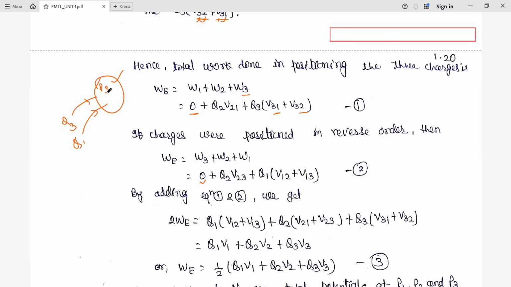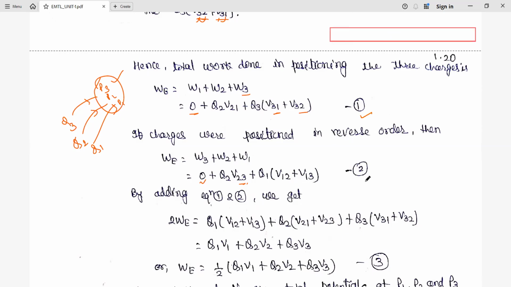In that situation, Q3 is already there, so it's written V23, due to charge 3 on charge Q2. Similarly, once we try to bring Q1 here, charge Q2 and Q3 are already available. Due to that, the work done is Q1 into V12 plus V13.